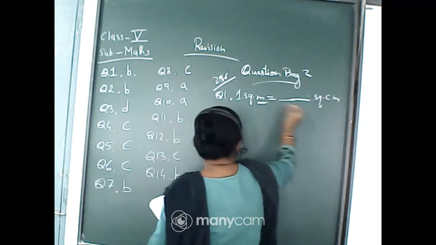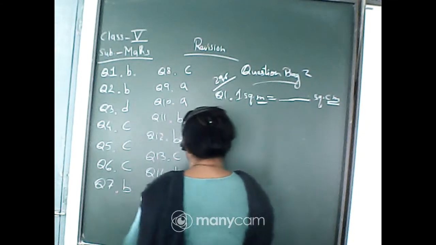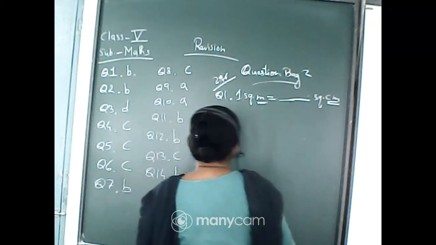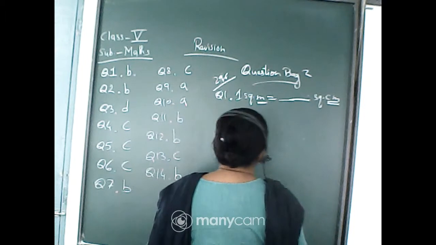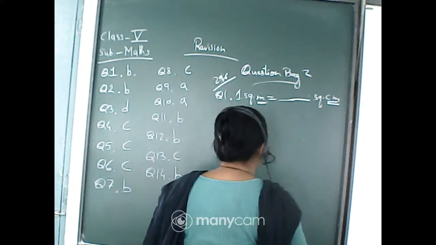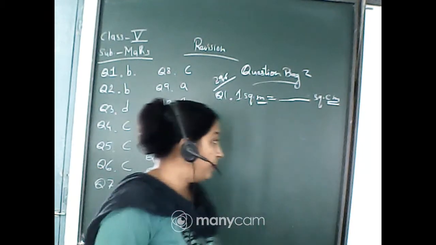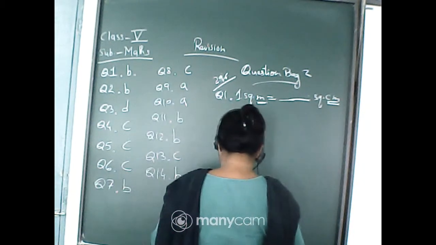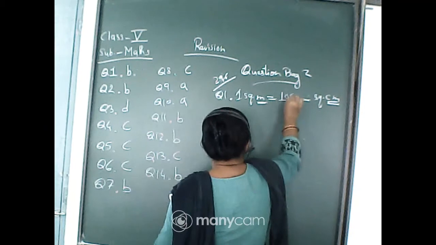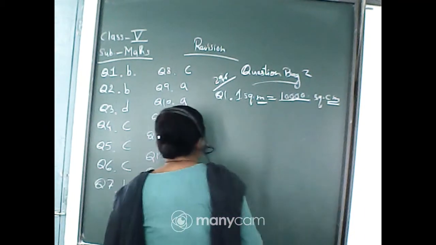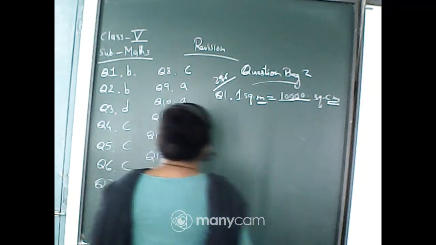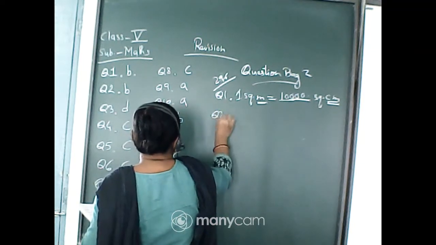This meter is changed to centimeter. As you know, 1 meter is equal to 100 centimeter. So when you multiply 100 into 100, the answer will be 1 and 4 zeros.